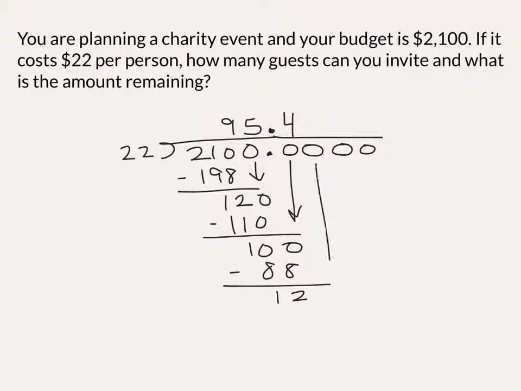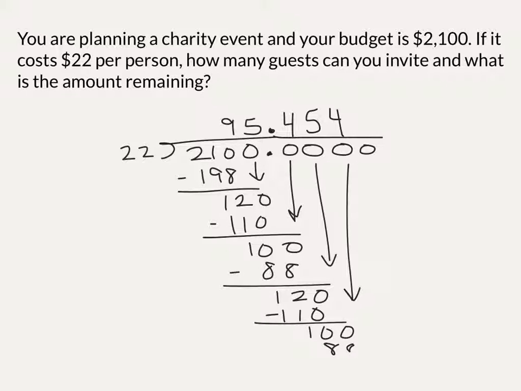We'll go ahead and bring down another 0. 22 goes into 120 5 times. 5 times 22 is 110. 120 minus 110 is 10. We'll go ahead and bring down another 0, and we can continue this process.